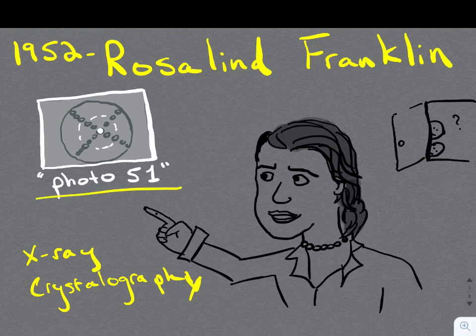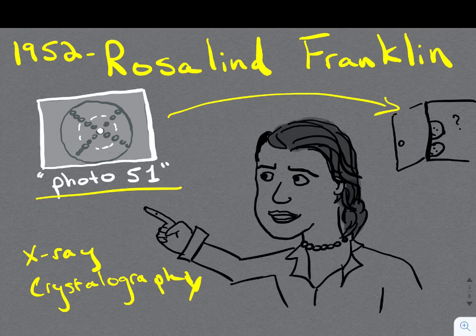She was working at King's College in London, and unbeknownst to her, her photo was shared and viewed by some other researchers in her building, specifically James Watson and Francis Crick, who have been credited with the actual discovery of the structure of DNA. Unfortunately, because of her work with X-rays, Rosalind Franklin developed ovarian cancer and died at a very early age.